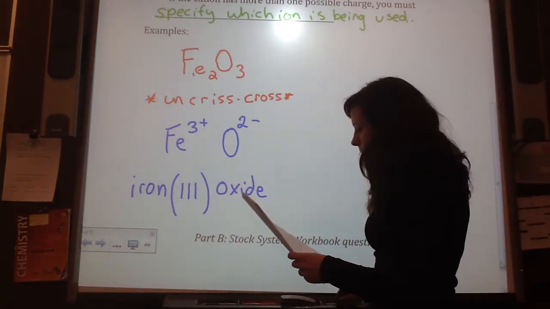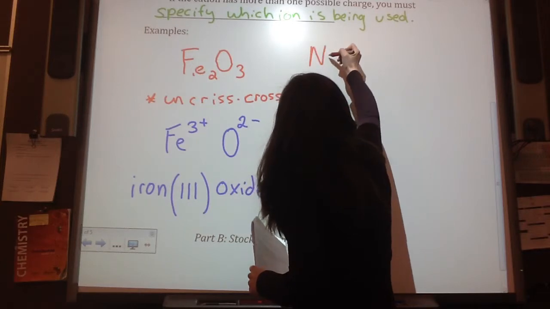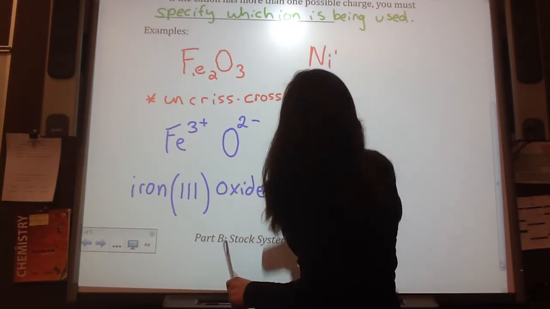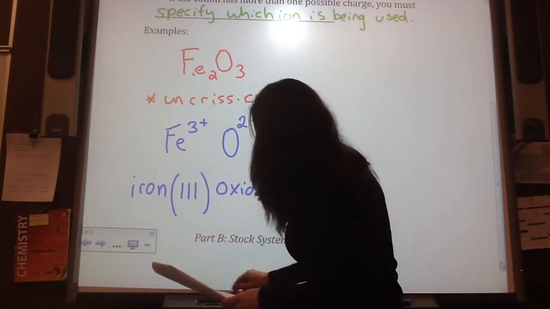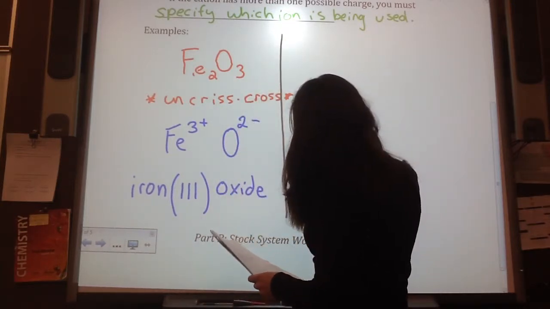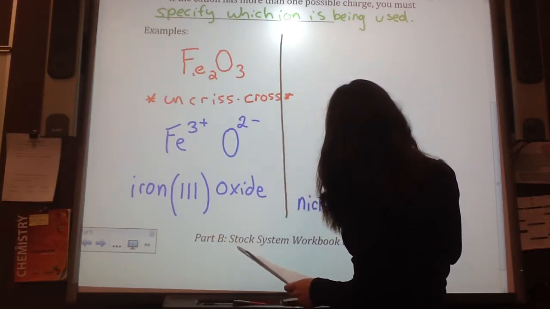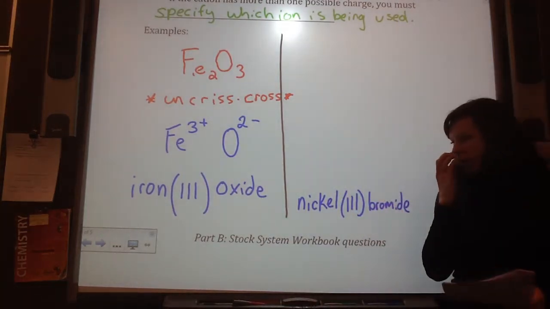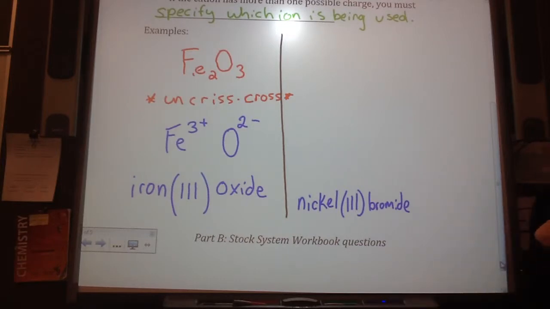So let's do another one. What if we are told that the name is nickel 3 bromide? Okay, we're told it's nickel 3 bromide. So what does the 3 mean? What's it implying?